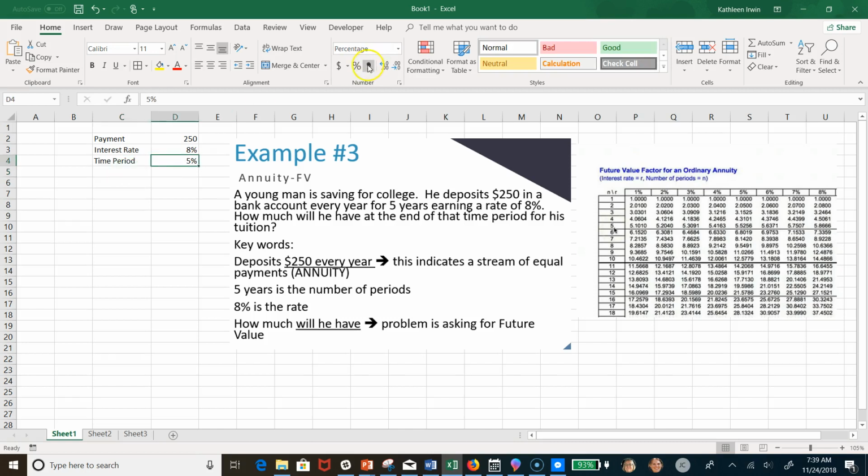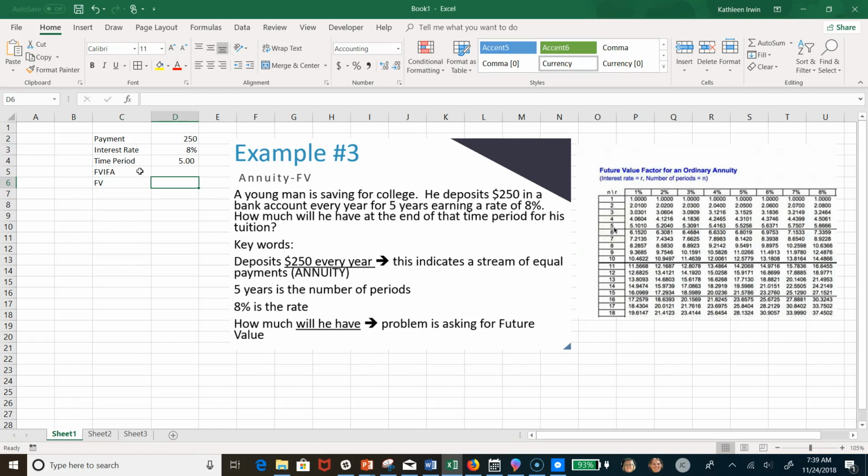And that didn't take right. Let's do it again. There we go. And we want to find the future value. So we're going to need the future value interest factor of an annuity, and we're going to look that up in the tables. And then we will be able to calculate the future value.